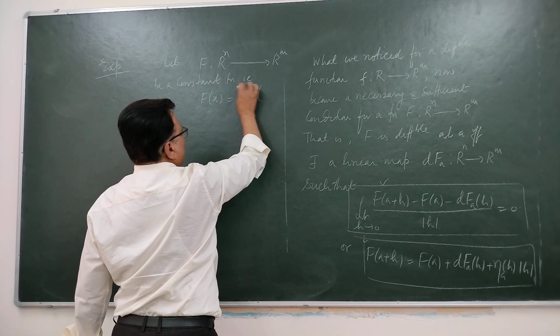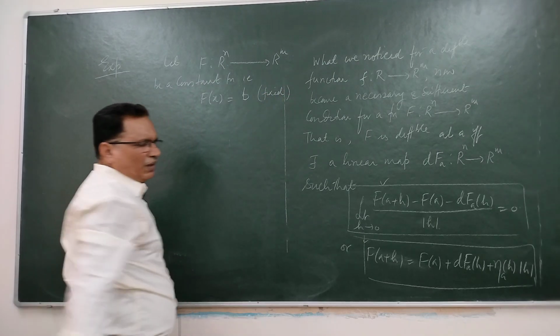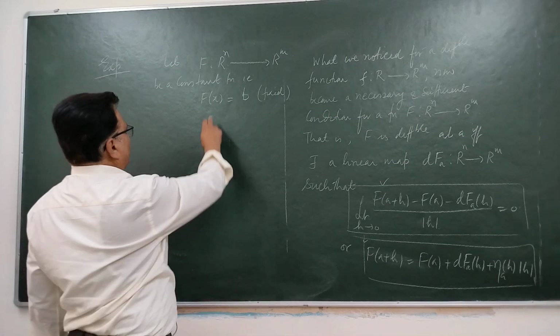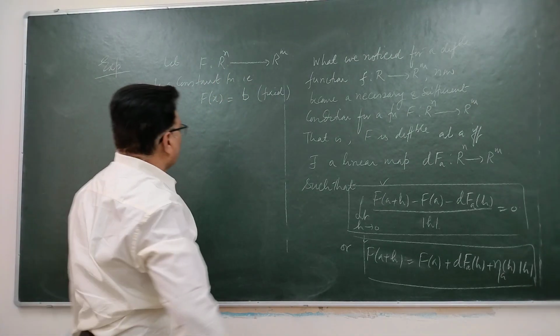This is a fixed vector b of Rm. So all vectors x of Rn are mapped to b, means it's a constant function.